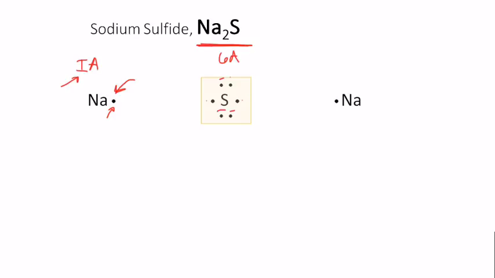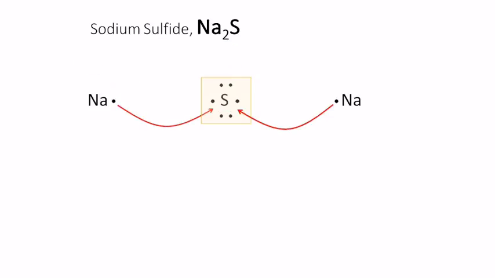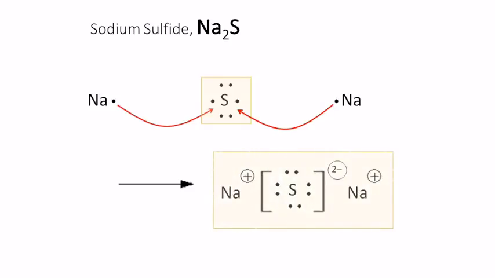Since sodium is a 1A, it forms a +1 charge, and your 6A should have a -2 charge. It ends up looking like this, where electrons are transferred from both of the sodiums, and those sodiums end up being +1 and +1.